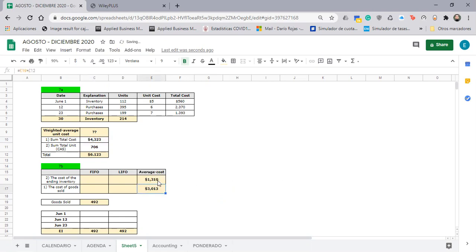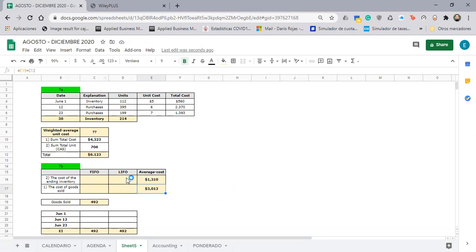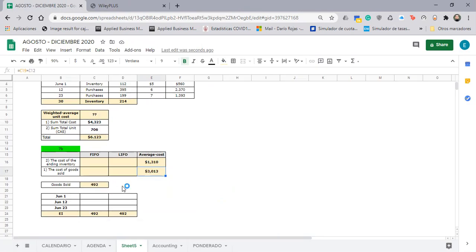The amount of 1,310 as the cost of the ending inventory. We will check with the while plus if it's correct. 1,310 and 3,013. Let's continue with the LIFO.